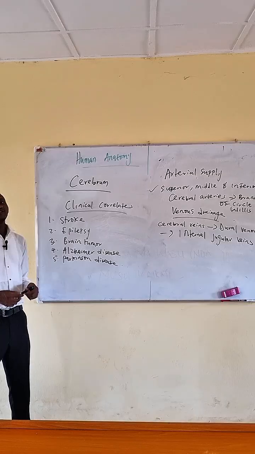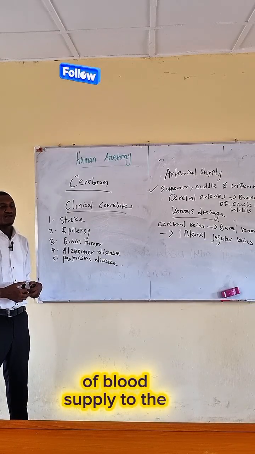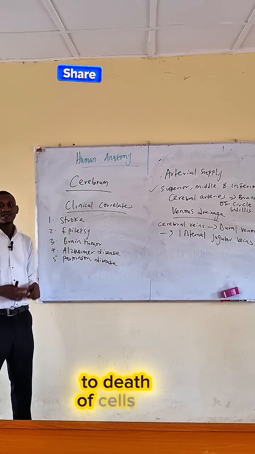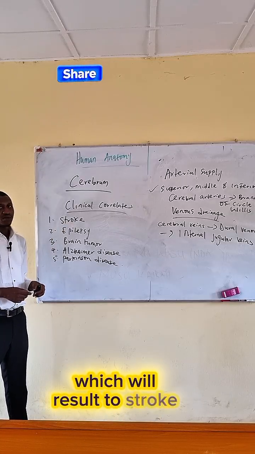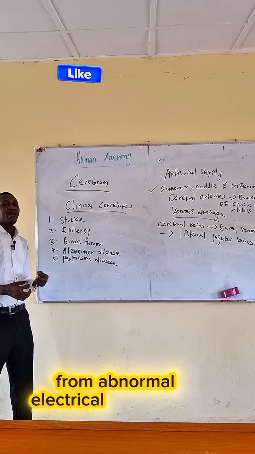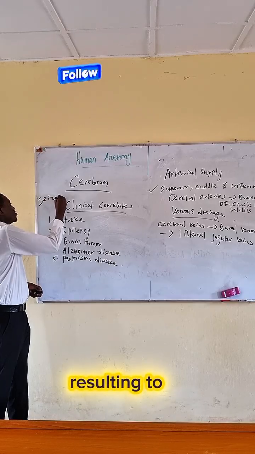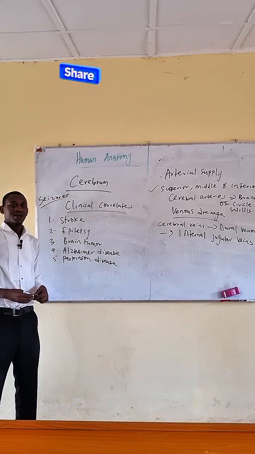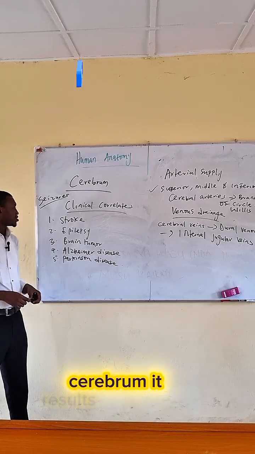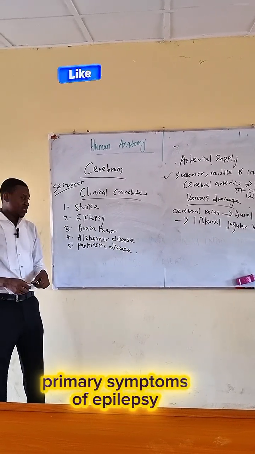Now, stroke happens when there's a disruption of blood supply to the cerebrum. When there's a damage of blood supply to the cerebrum, it results in death of cells in the cerebrum, which will result in stroke. Epilepsy results from abnormal electrical activities in the cerebrum, resulting in seizures, which is one of the primary symptoms of epilepsy.